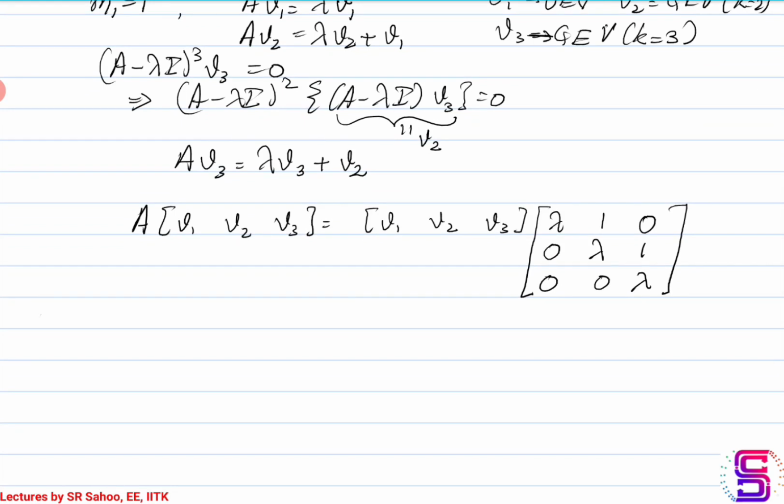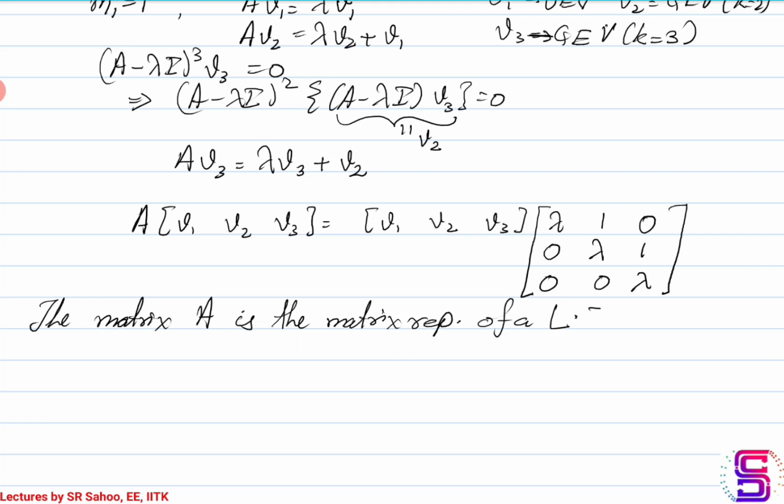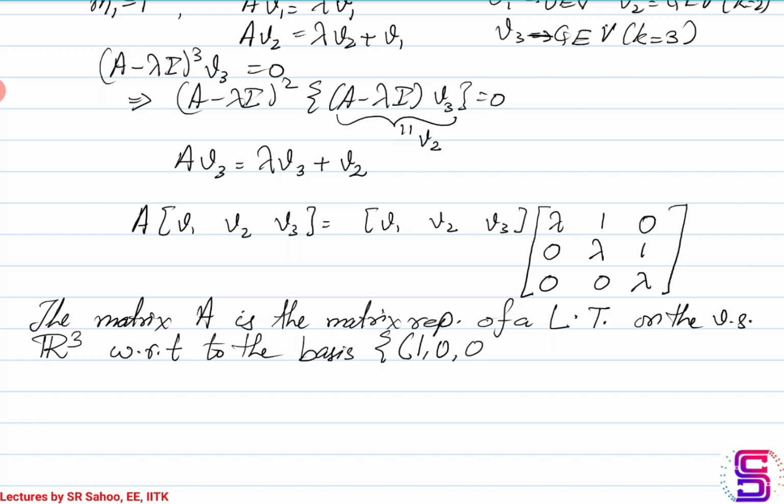You can see the matrix A as the matrix representation of a linear transform on the vector space R3 with respect to the basis 1 0 0, 0 1 0 and 0 0 1.